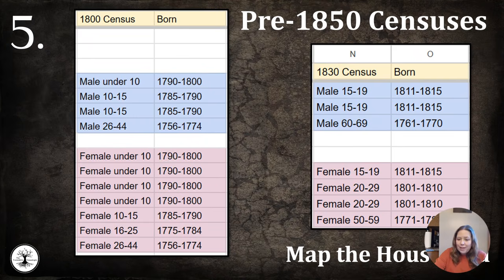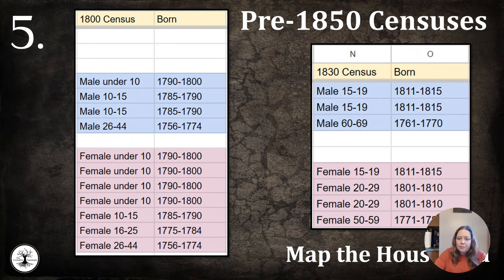And then I take account based on the census to determine if it's the same family from census to census. Also, if you find a woman listed in here on one of these pre-1850 censuses, you can be reasonably certain she is widowed because you would not find just a woman living independently in that time.